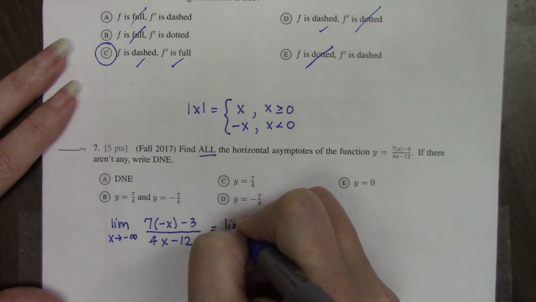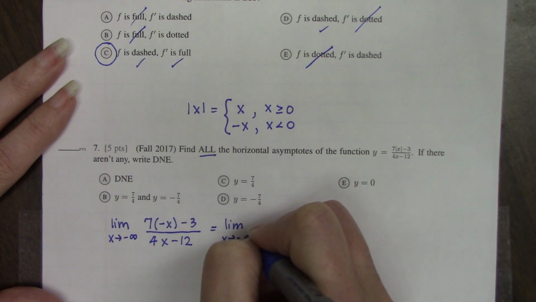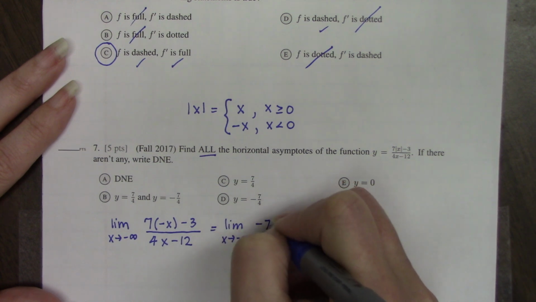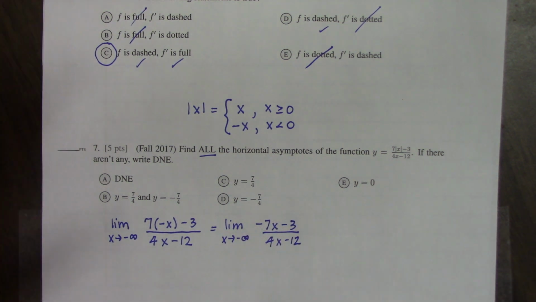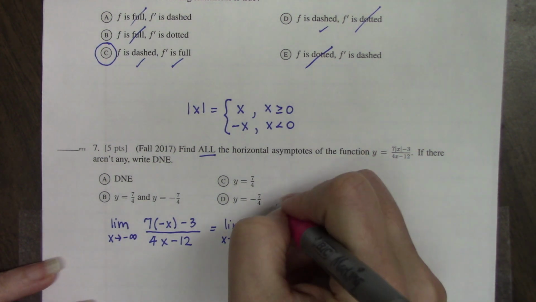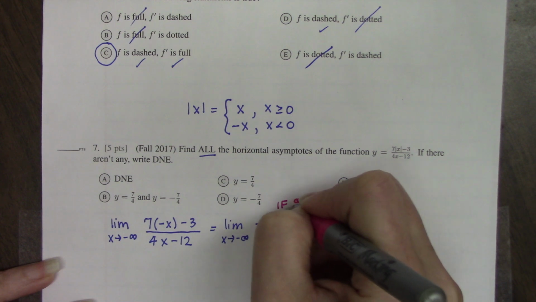So then I'm going to do a cleanup step. And the numerator is negative 7x minus 3 over 4x minus 12. You have a couple ways you could deal with this. You could multiply by 1 over x over 1 over x. You could also recognize that this is L'Hopital form. So I'm going to take the L'Hopital form.